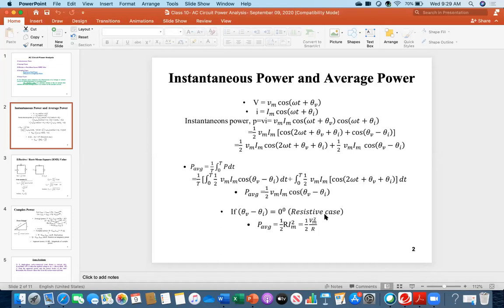So this means that is the resistive case. What is the phase difference between voltage and current for resistance? That is 0 degree. You remember in the last class, or I think one more class back, we were learning leading and lagging.